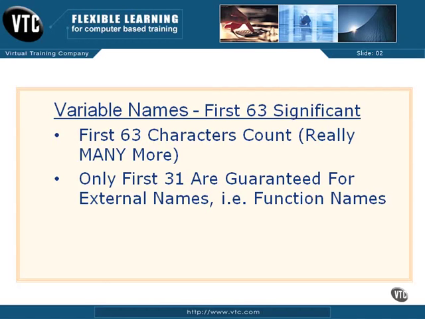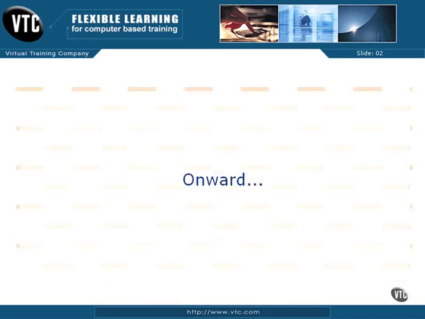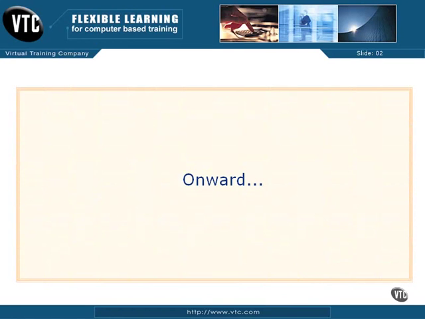Sometimes those function names will be smaller because they're dealing with limited amounts of room, limited space in the tiny computer that's embedded in some appliance or a small palmtop product, something like that. So there we see that we have some limitations by the standard, but in all reality, it doesn't really come through as being much of a limitation for us anymore. All right, let's go on to the next section.